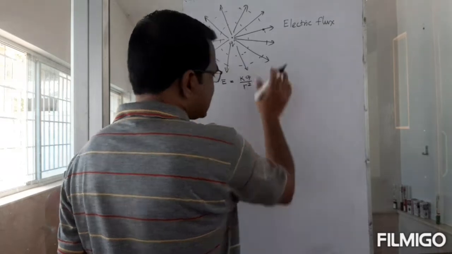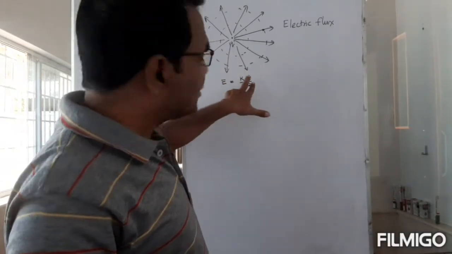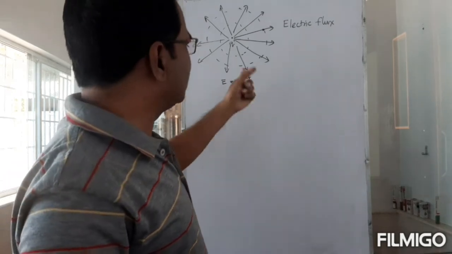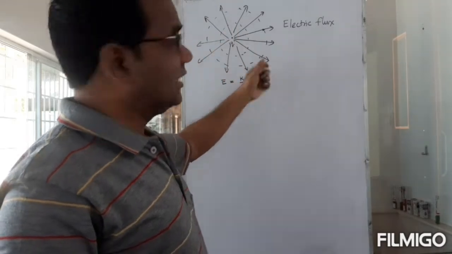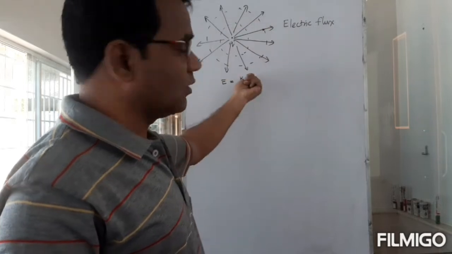Now, what is constant in this? Well, K is a constant, obviously, and then Q is also a constant, right? It depends on the charge, right? Like if I have 1 coulomb, then this is 1. If I have 10 coulombs, then it is going to be 10. If I have 100 coulombs, it's going to be 100.